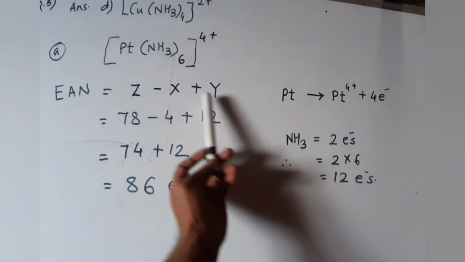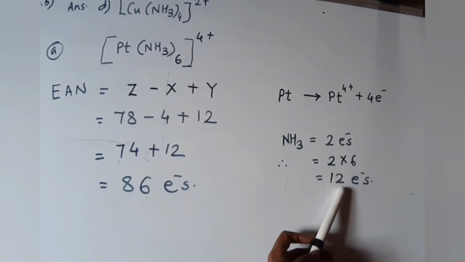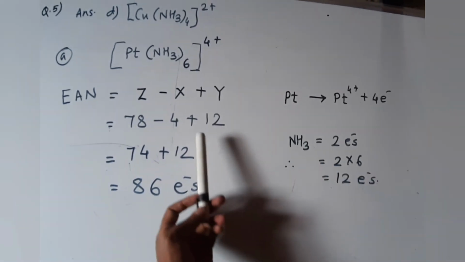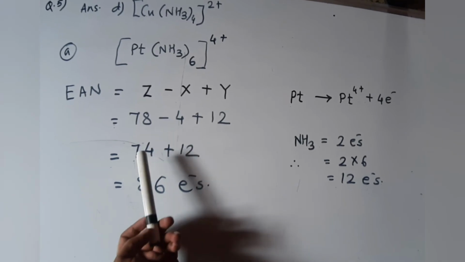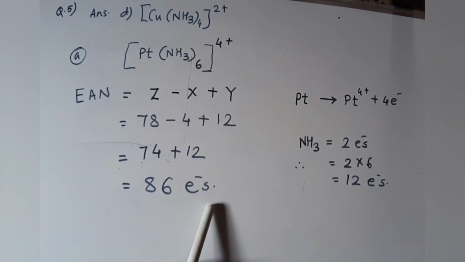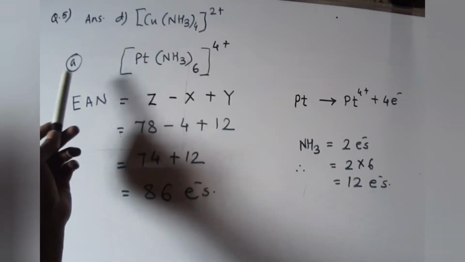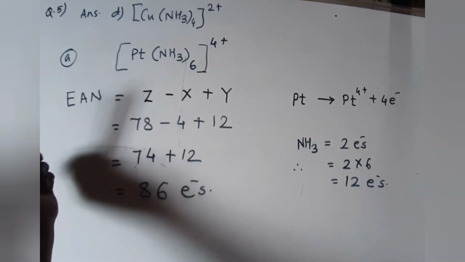Total 6 amine ligands are there, therefore 6 amine ligands donate 12 electrons. Therefore value of Y is 12. 78 minus 4 is 74 plus 12, so that is equal to 86 electrons. So that means this complex ion is following EAN rule.